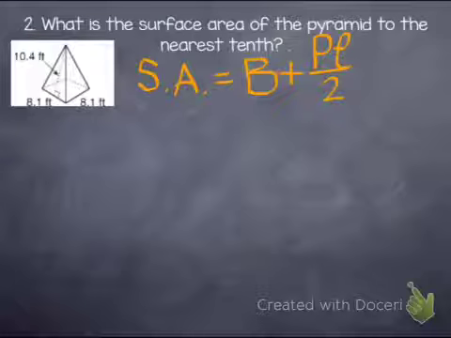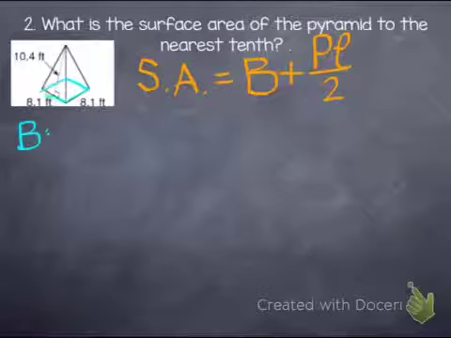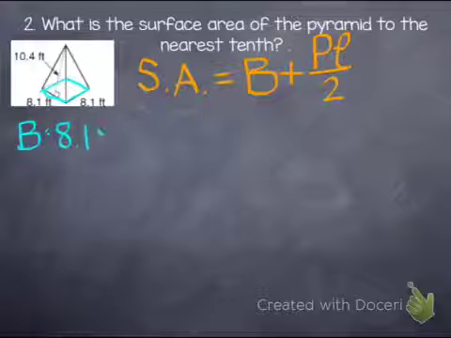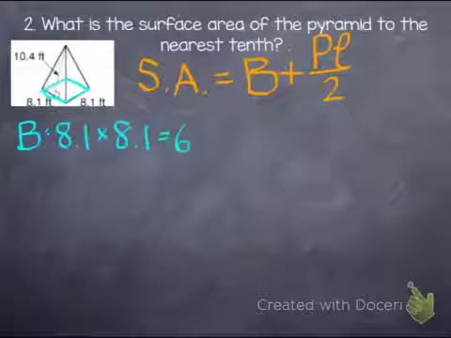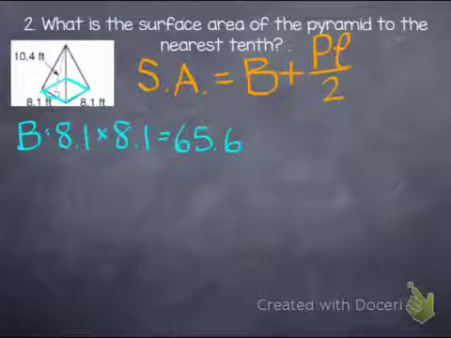So now I'm going to come over to my picture. For my B, it's right here, my base, and it's 8.1 times 8.1, which is equal to 65.61.